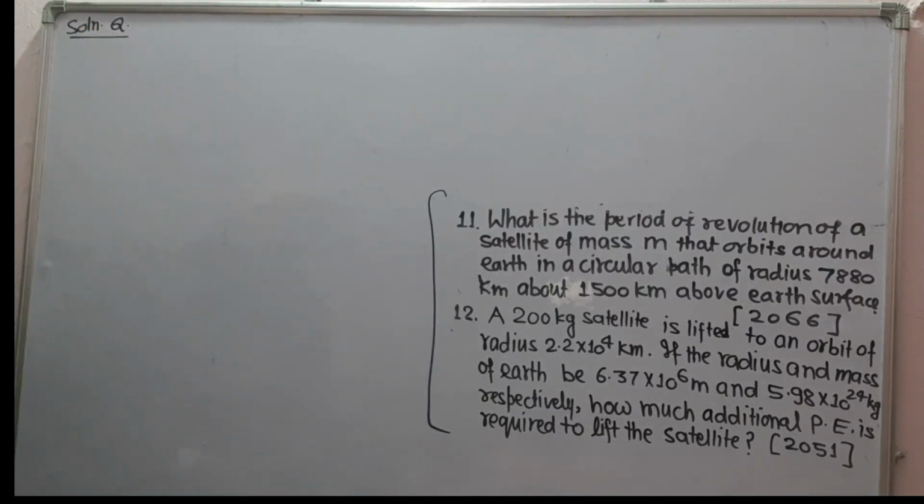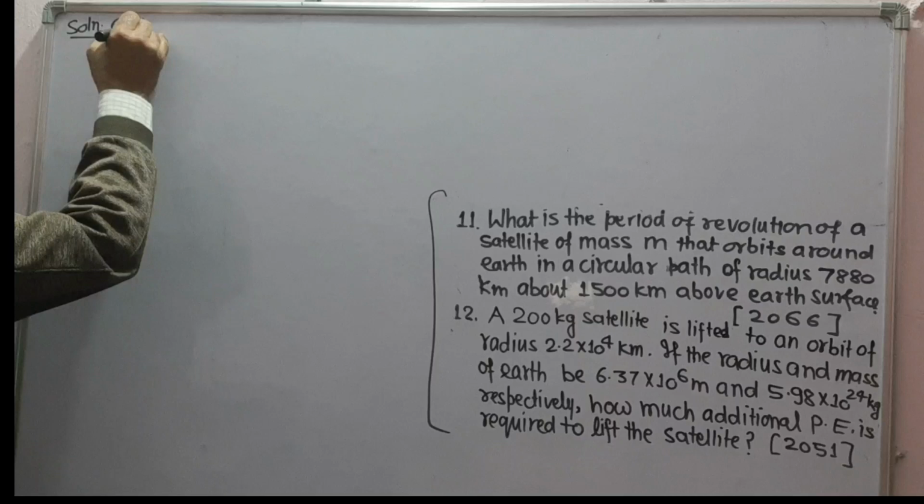Next, question number 11. The question is, what is the period of revolution of a satellite of mass m that orbits around Earth in a circular path of radius 7,880 kilometer, about 1500 kilometer above Earth's surface? Solution to question 11.